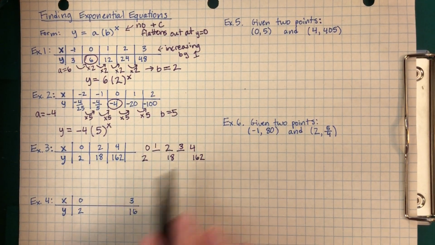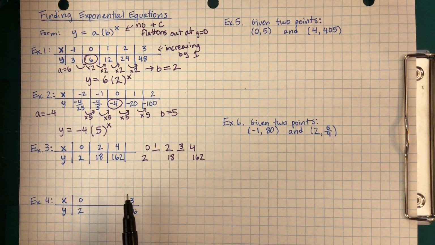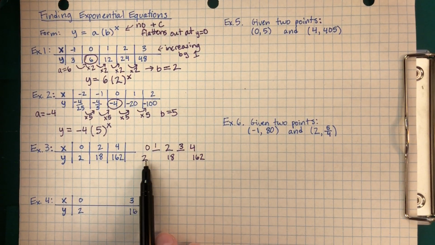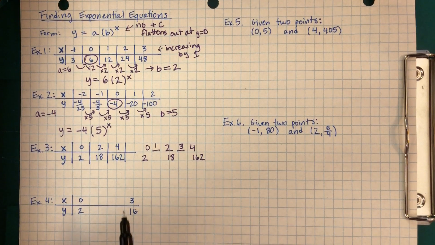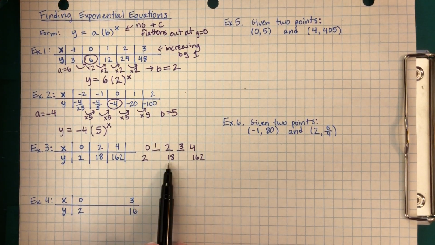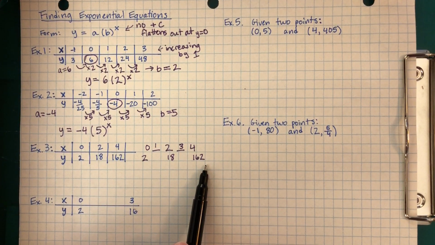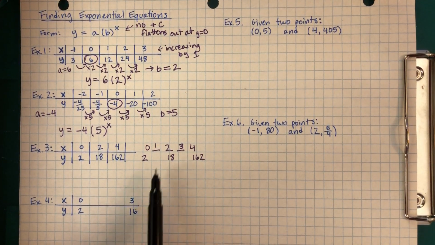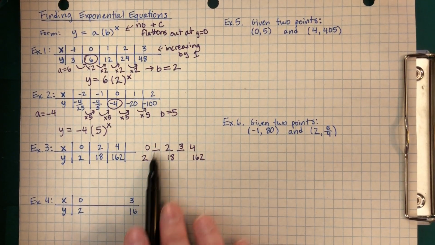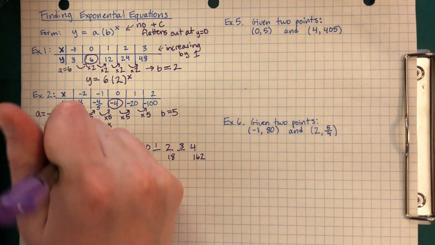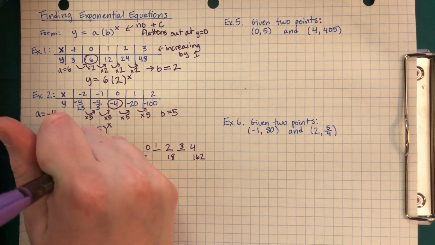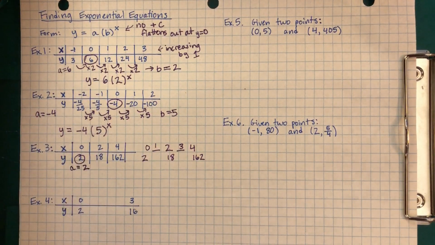I'm missing these. But I still want to be able to find what number I would need to multiply by each time in order to get these results. I can still read off the a from the table because I do have 0. So I do know that a equals 2. But for the b, it's going to be a little more work.